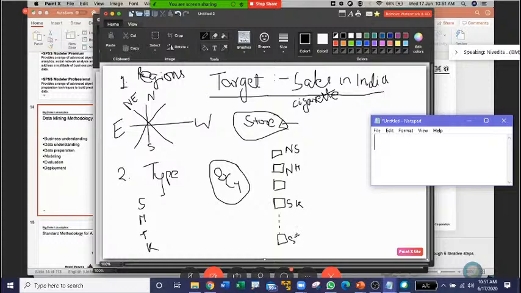So let's say all these combinations are homogeneous blocks of stores. These are stores which lie in a particular region and are of a particular kind. We call these homogeneous segments strata.